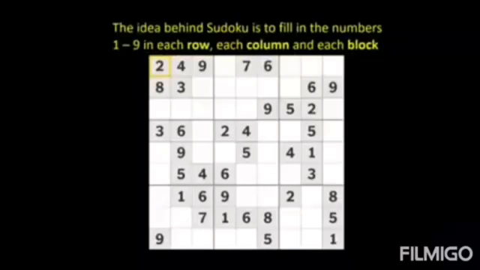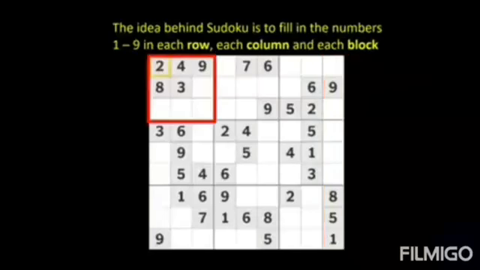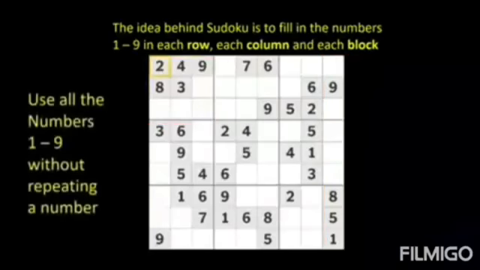The idea behind Sudoku is to fill in the numbers 1 to 9 in each row, each column and each block. Use all the numbers 1 to 9 without repeating a number. Yes, this is the condition. No number should be repeated.